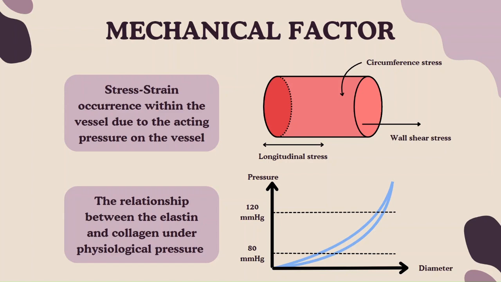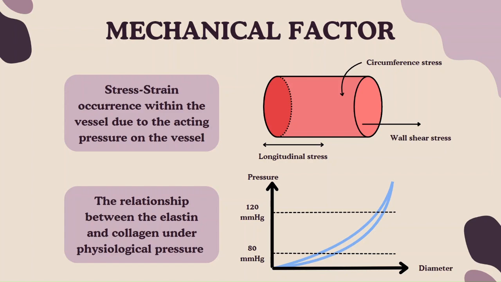Another thing that I found to be interesting is the relationship of the elastic components that cause the compliant properties within the blood vessel. So here is the graph of the relationship of the blood vessel compliance based on the physiological pressure.